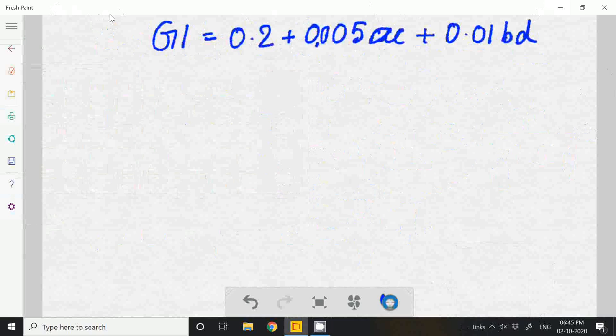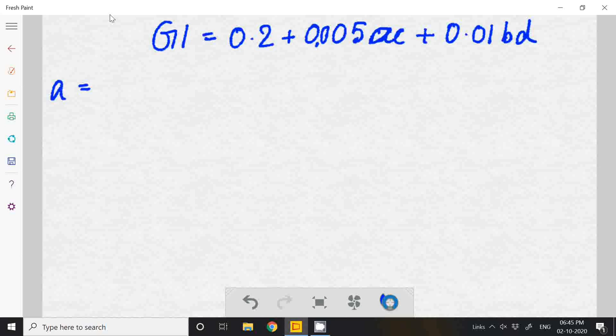So A is, if we take a sample of soil, the percentage of the sample which is passing through 75 micron. Suppose 1 kilo of soil we are taking and we sieve it, and we see that 50% of the soil sample is passing through 75 micron sieve.